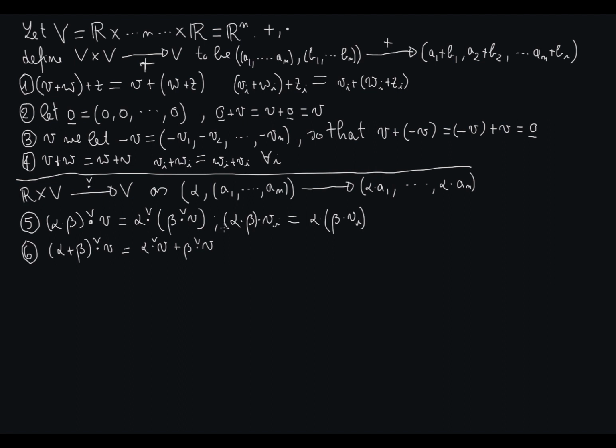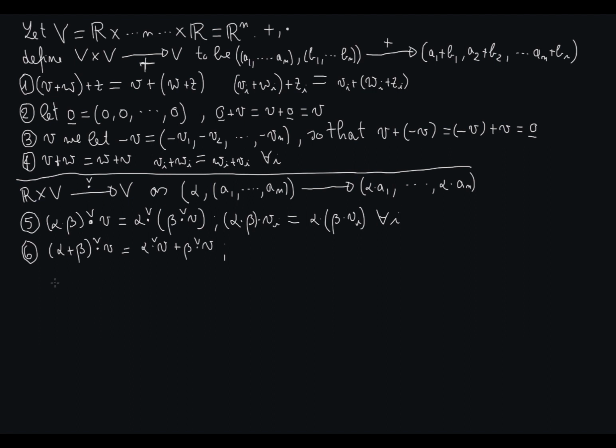Once again, we can proceed just as above, concentrating on the ith coefficient of this n-tuple and the ith coefficient of this n-tuple. This is true for every i, of course, and the same will hold here. If you take the ith coefficient of this n-tuple, it's going to be the same as the ith coefficient of this n-tuple, just because inside R the product is distributive with respect to the sum, all inside R.